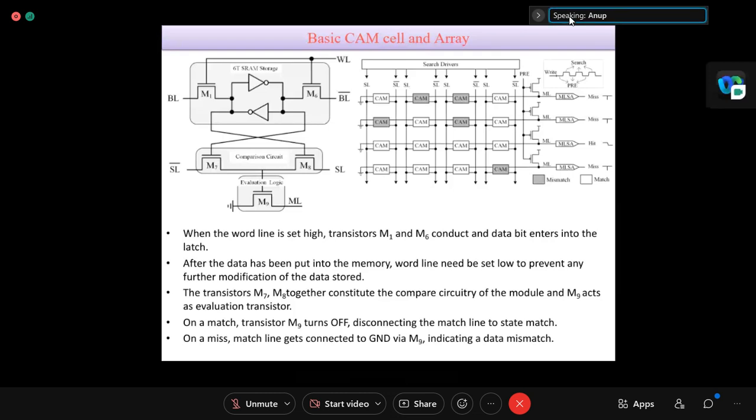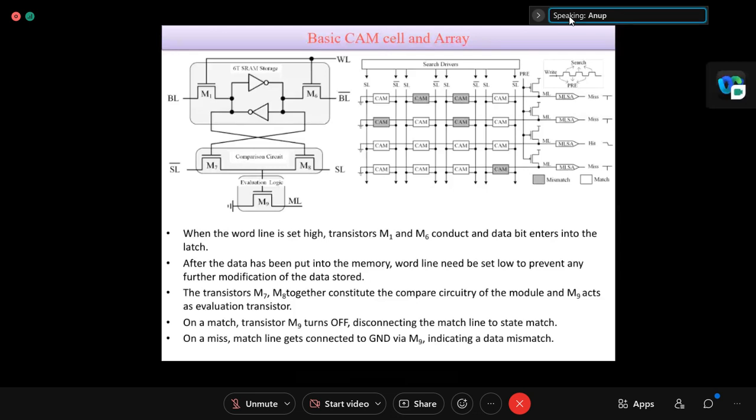So this is one cell for one bit. Search line and search line bar are there, and accordingly the lower NMOS will generate something on the ML, the match line. These are very important terminologies: bit lines, search lines, word lines, and match line.